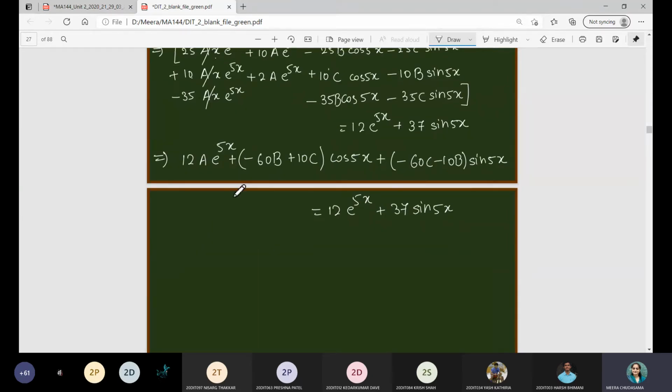Now you can compare both the sides. The e raised to 5x coefficient on the right hand side is 12. On the left hand side it is 12a. So 12a is equal to 12, which will give you a as 1.